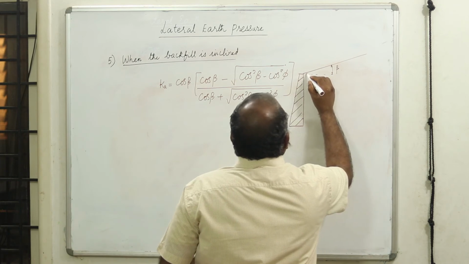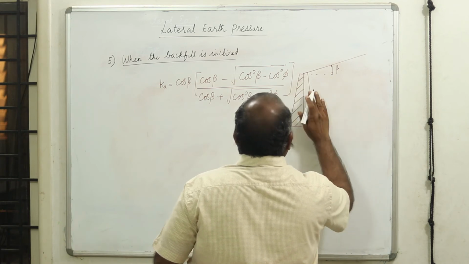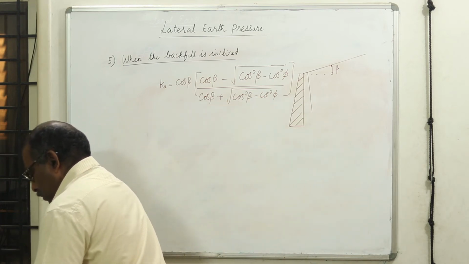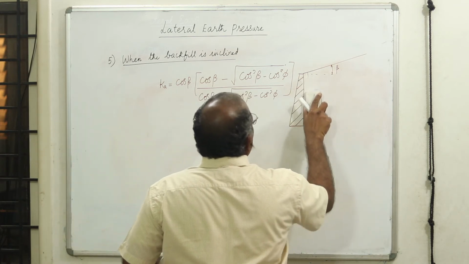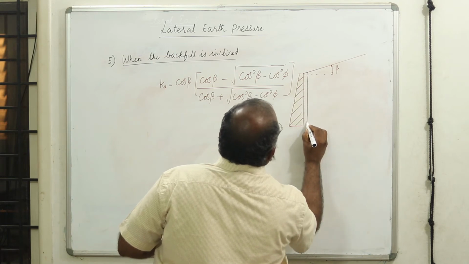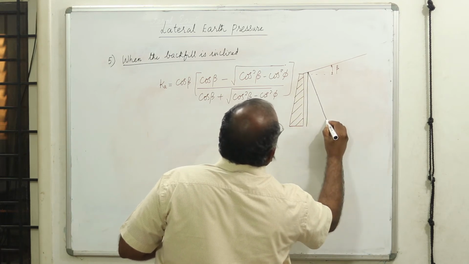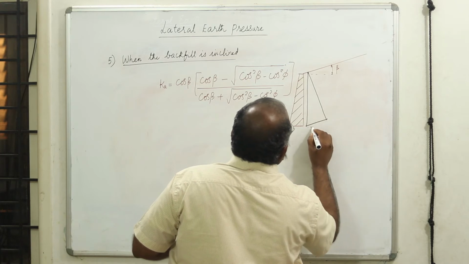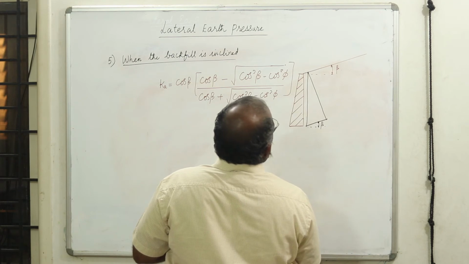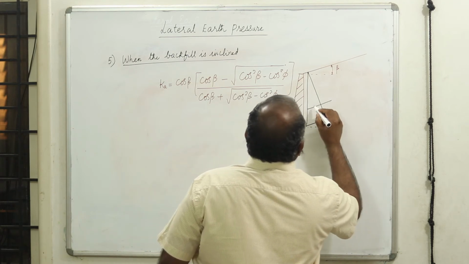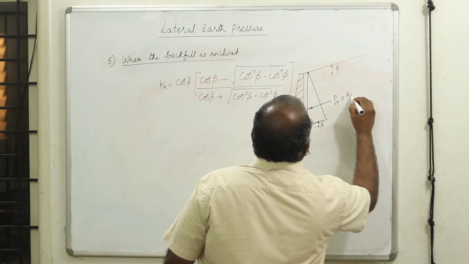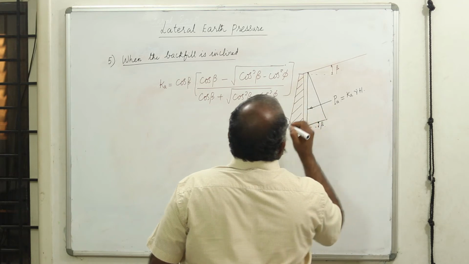Only thing is, this will be the pressure distribution, inclined at an angle beta. Now what will be this thrust? EA is equal to K gamma H, where H is the height.